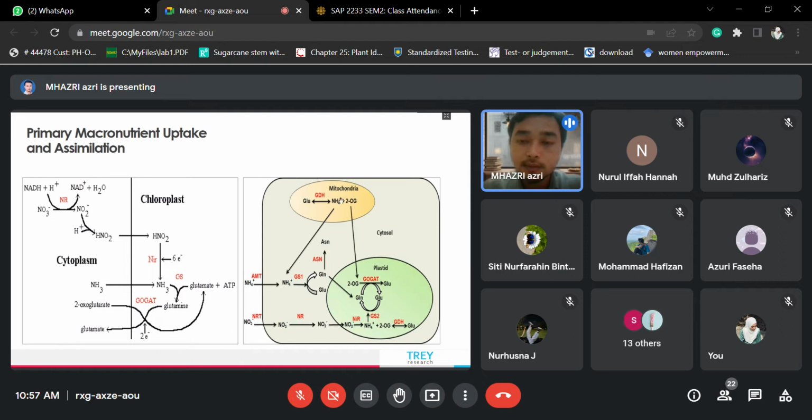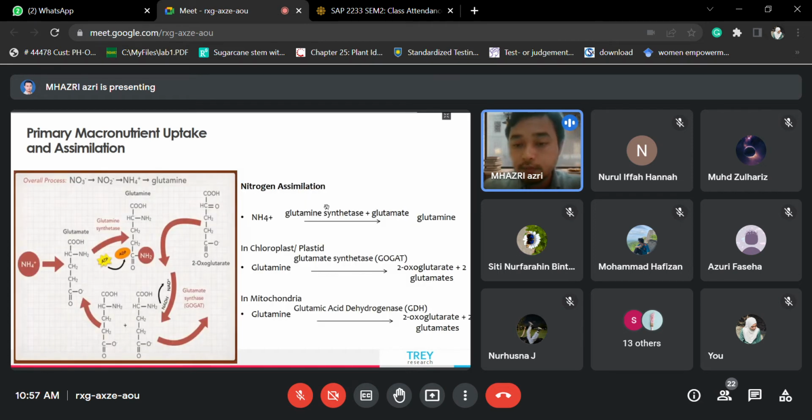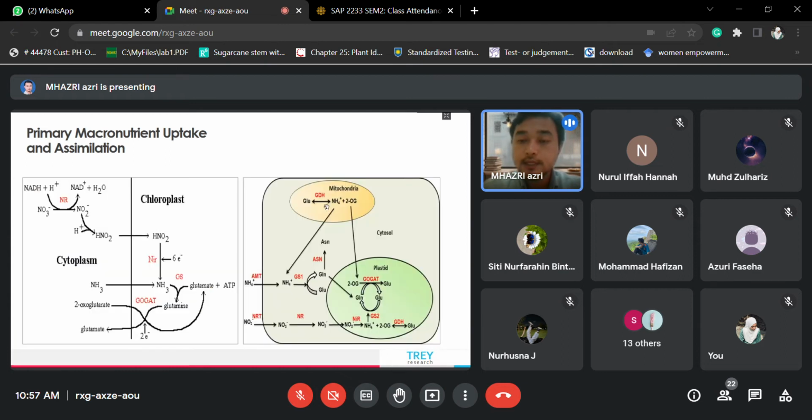So if the assimilation process occurs in chloroplast, the enzyme involved is GOGAT. Okay, so kalau dia berlaku dekat akar ataupun mitochondria, enzyme yang involved adalah GDH, glutamic acid dehydrogenase. Okay, so this is for uptake and assimilation of nitrogen in plant tissues.